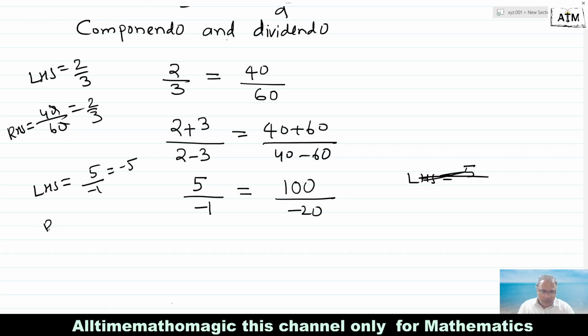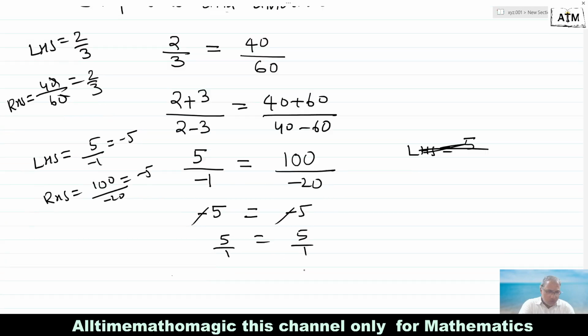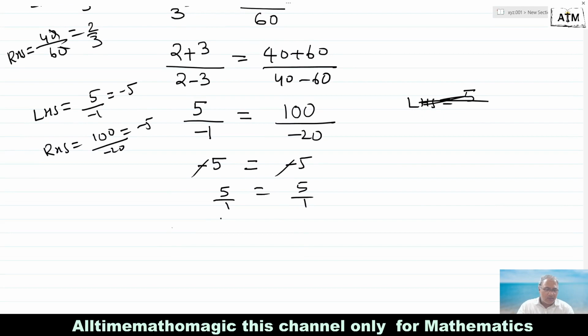What is RHS? 100 upon minus 20, that is also equal to minus 5. So LHS minus 5, RHS minus 5. Now you cancel the minus on both sides, therefore 5 upon 1 equals 5 upon 1. So we got here LHS equals RHS.